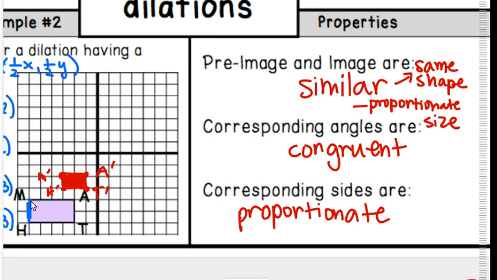This side right here is 2 units high. This side is 1 unit high. My top side here is 2 units high. My top side here is 4 units high. If I were to turn these into fractions, do you see how my larger rectangle would be 2/4 and my smaller rectangle would be 1/2? They're proportionate to each other. That's what makes them similar.